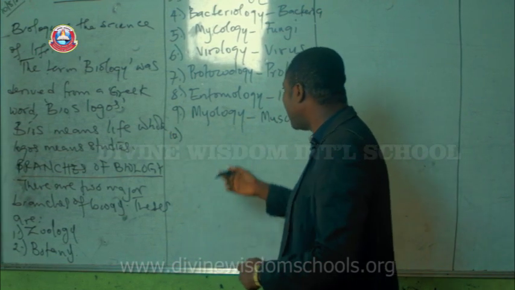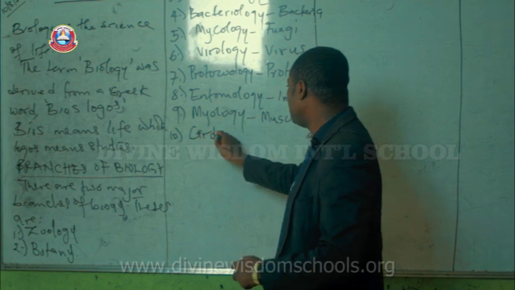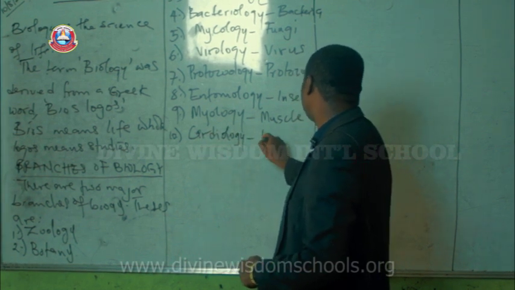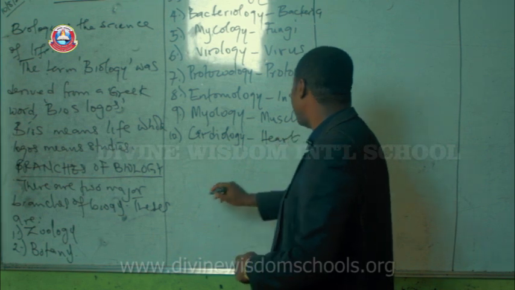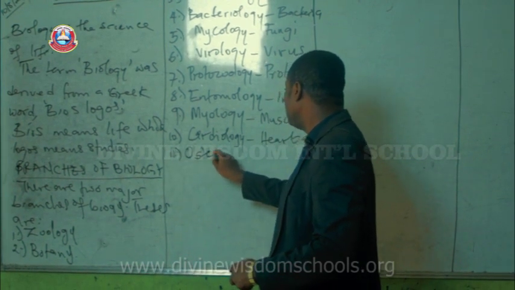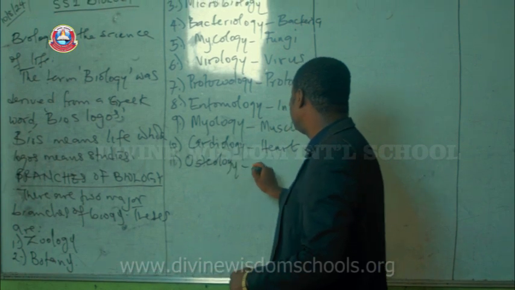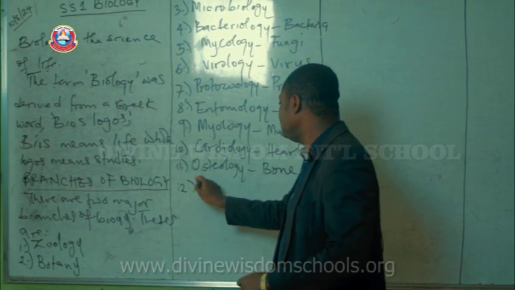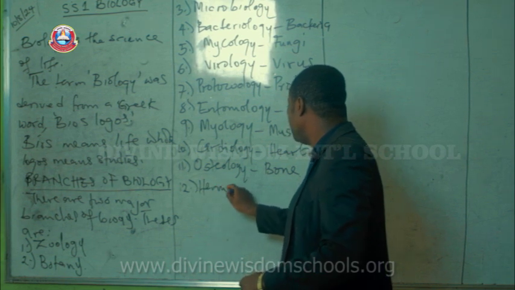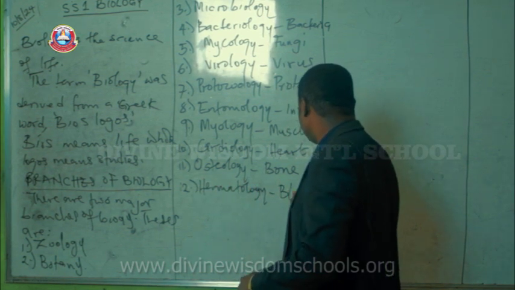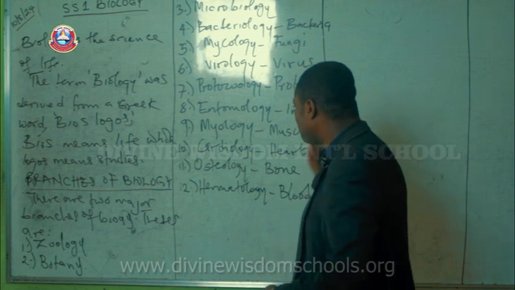So we have other ones. We have cardiology, which has to do with the study of the heart. You have osteology, which has to do with the study of bone. You have hematology, which has to do with the study of blood, and so on and so forth.